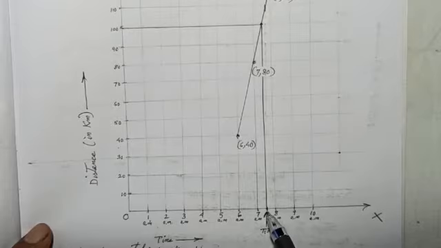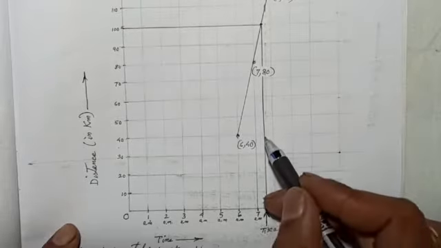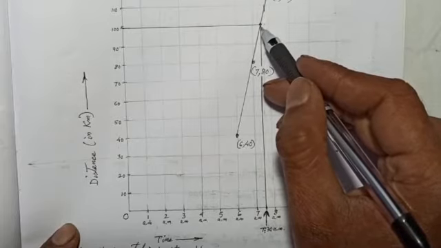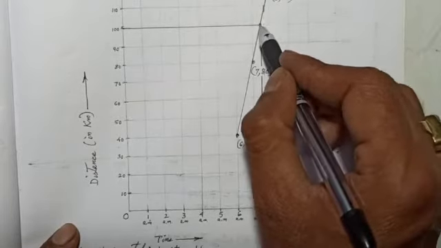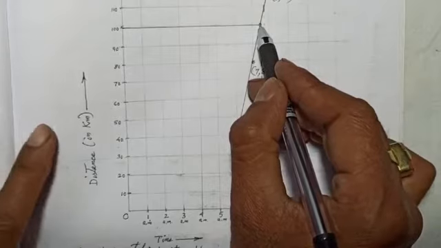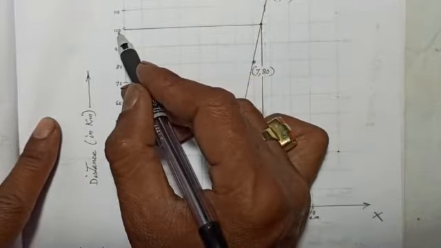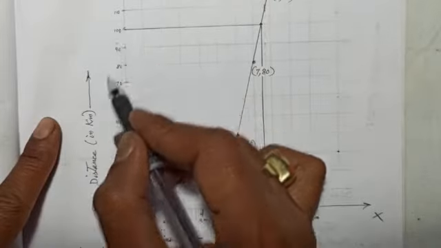So through this point, we are drawing a perpendicular line to the x-axis, and this line intersects the graph at that point. And at this point, if we go to the y-axis, we are getting 100, and this is kilometer.